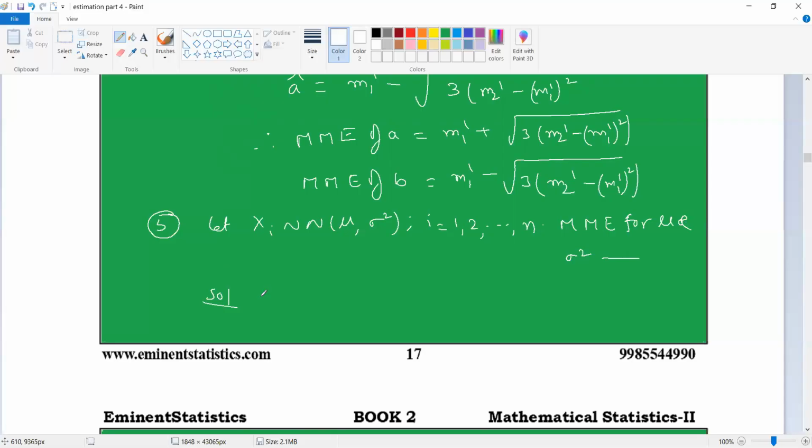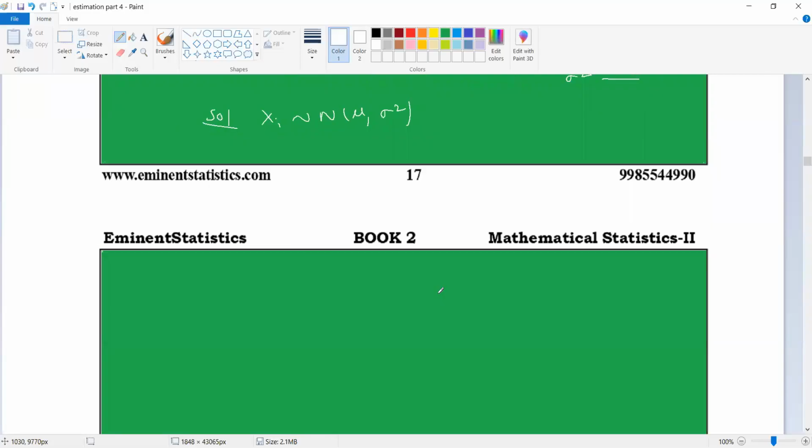So here xi follows normal mu comma sigma square. There are two parameters, so two population moments and two sample moments are required.